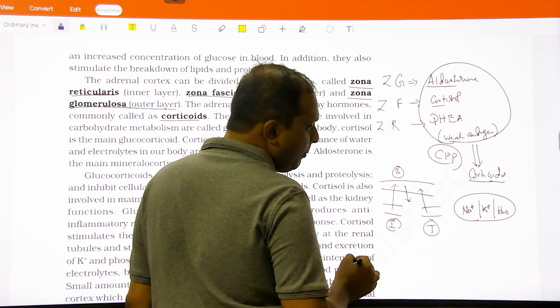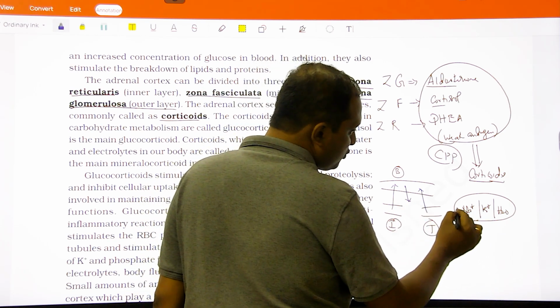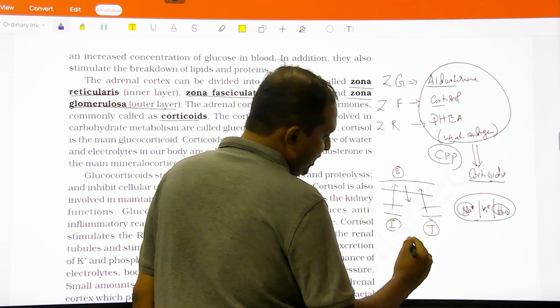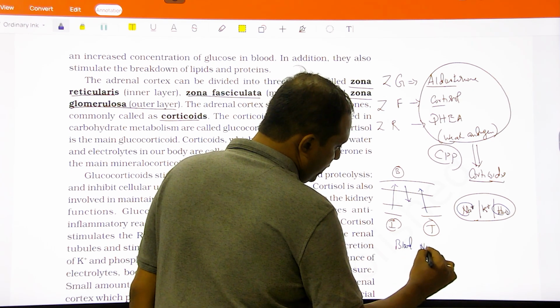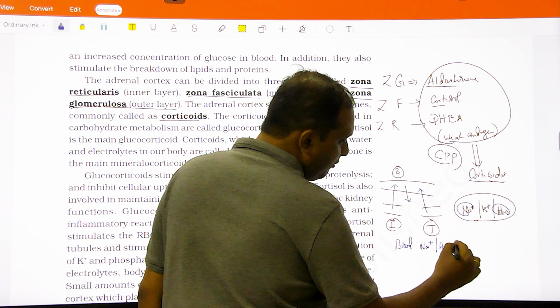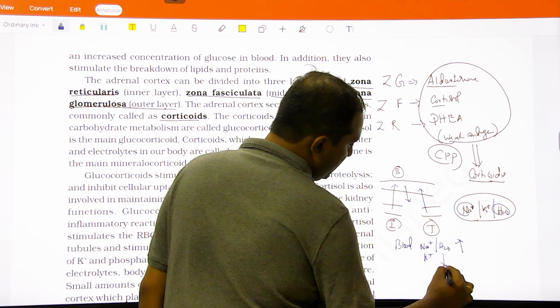So what happens to the level of sodium and water in blood? Increases. Potassium level will decrease. So your blood sodium level and water, that is blood volume, will increase, whereas the blood potassium level will decrease.